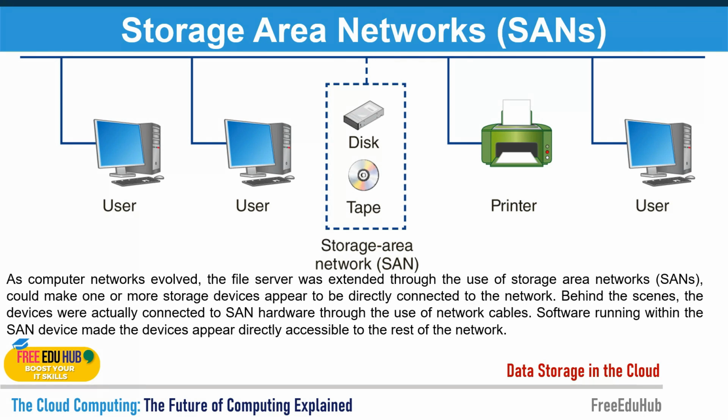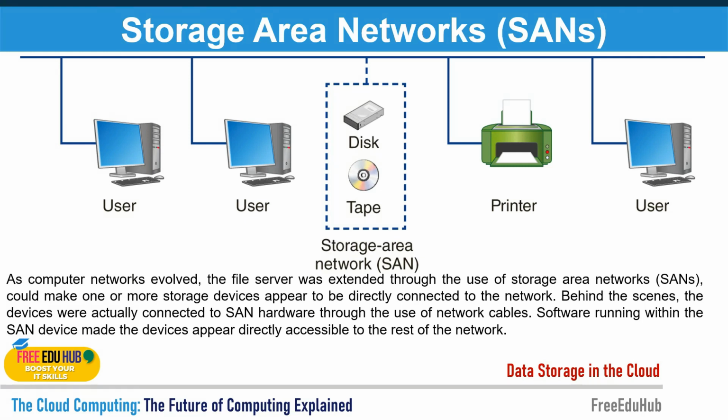So, it was working as a central storage connecting the storage and the computers all together, where computers could see each other, access this stuff, and share things using the storage area network.